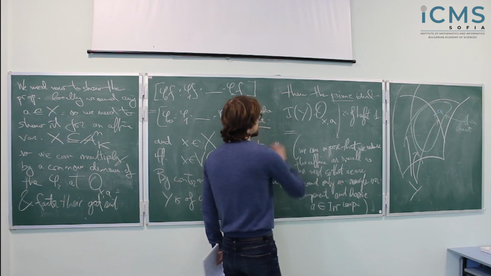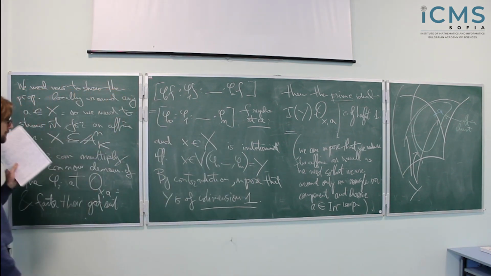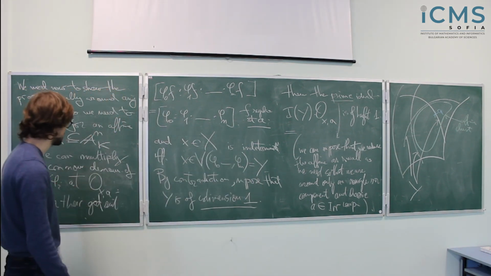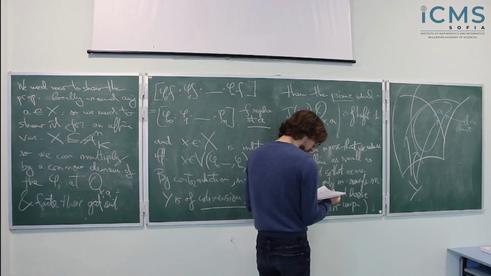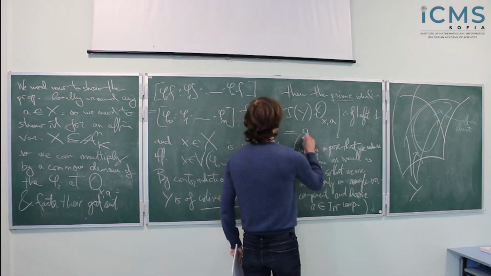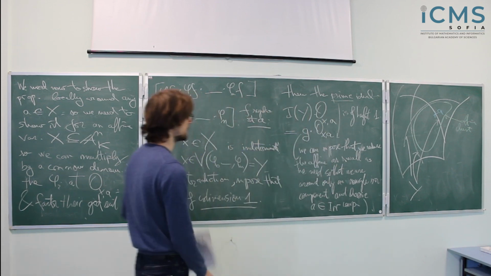So if it is height 1, since O_{X,A} is a UFD, then this is going to be a principal ideal. So I wrote it down like g.